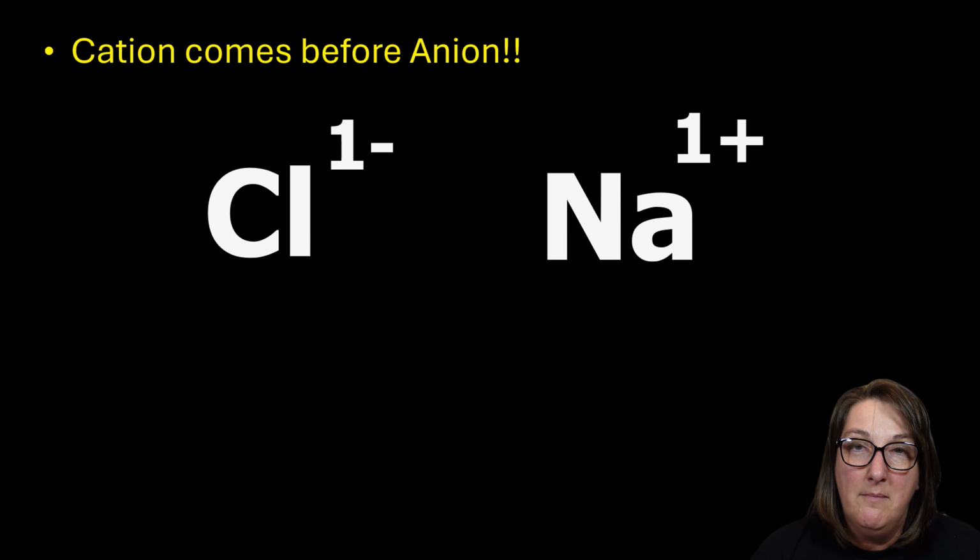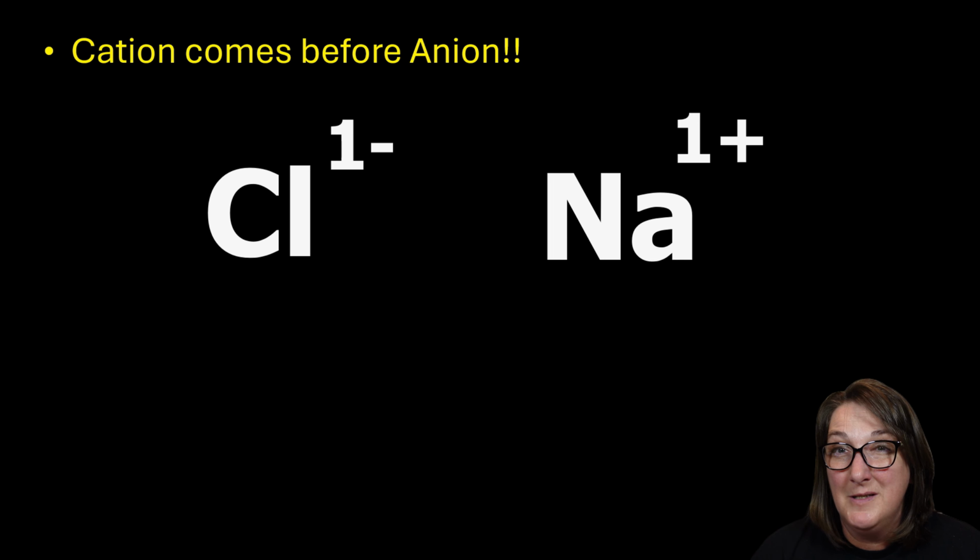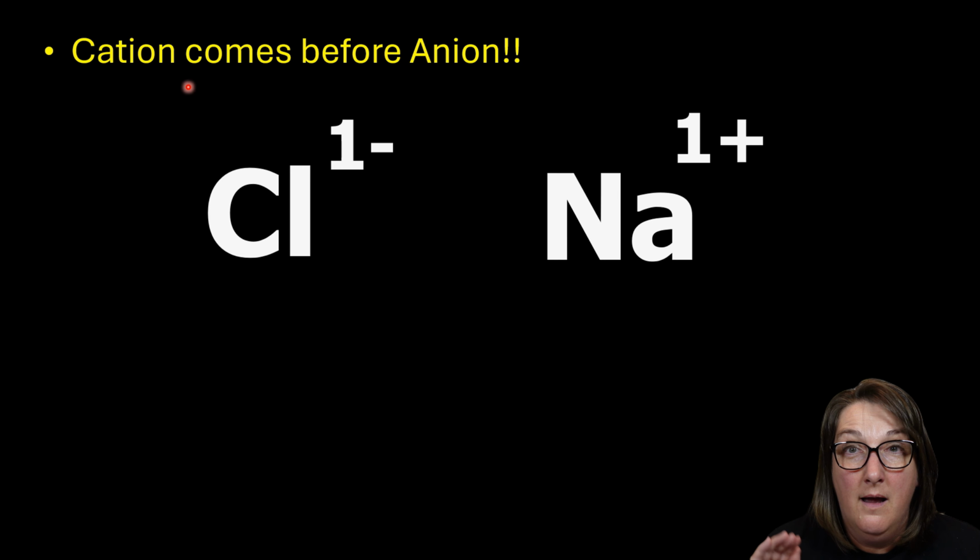So when we write them out, though, we have to write them out a very specific way. We have to have cations come before your anions. So I have to write my compound very specifically. The cations, remember, are positive. So which one of these is my positive one? It's my sodium.